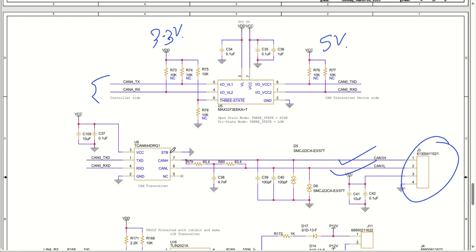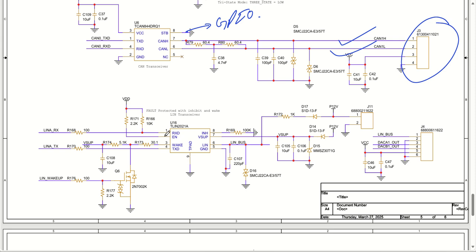We have grounded this STB so that this CAN transceiver will always be in normal operation mode. If you want to control this, you can directly connect it to one MCU GPIO. When the GPIO goes low, it will be working. When the GPIO goes high, it will not be working. This is how you can save power.